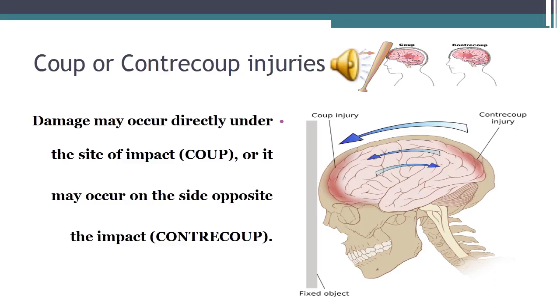The damage may occur directly under the site of impact, so-called coup, and on the opposite side, called contrecoup. So the lesions or the damage will be one opposite the other.